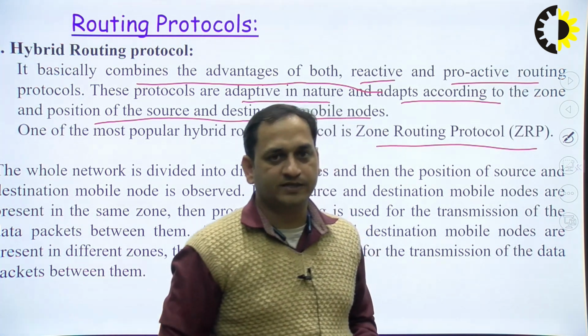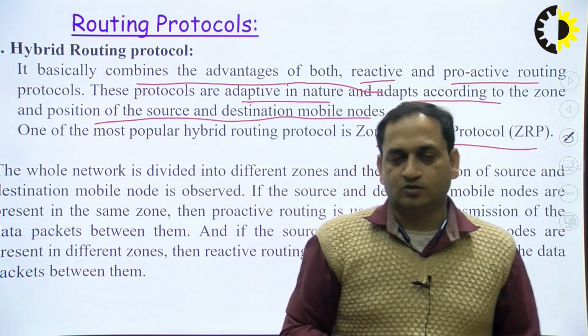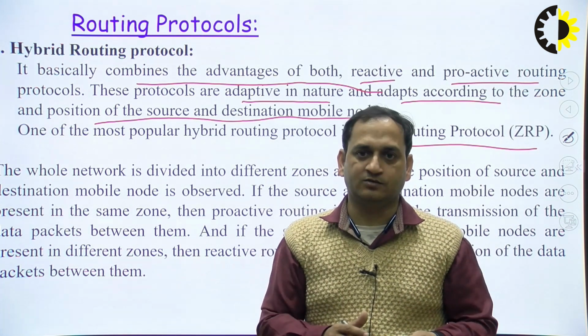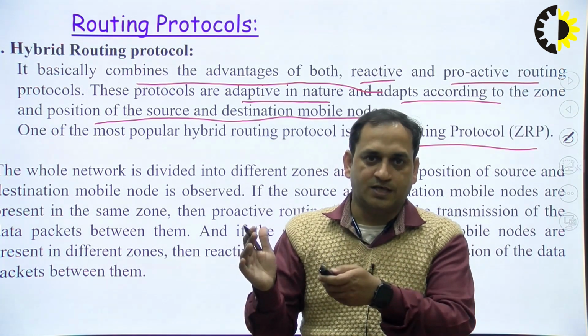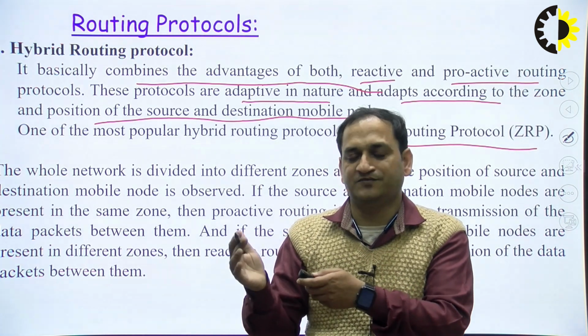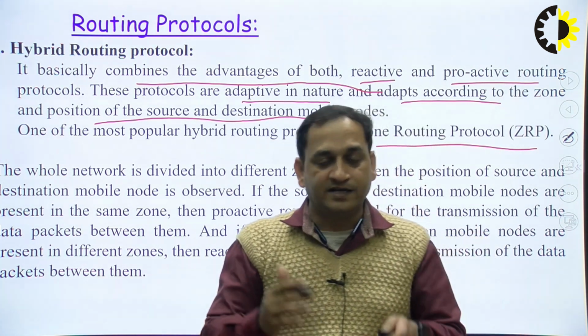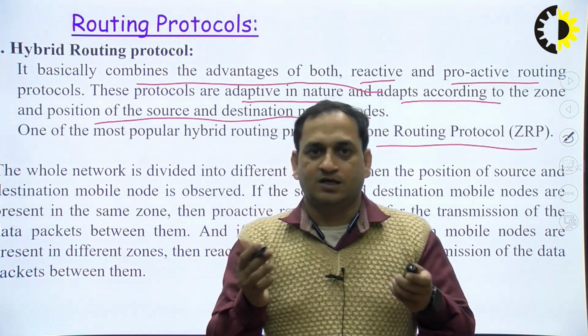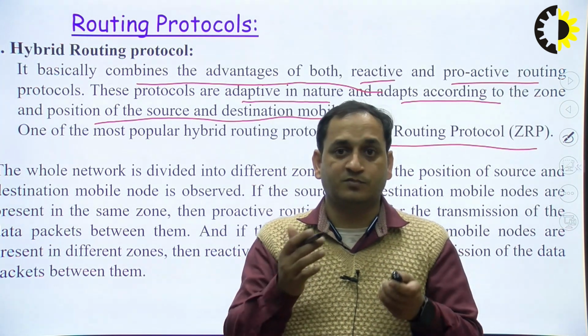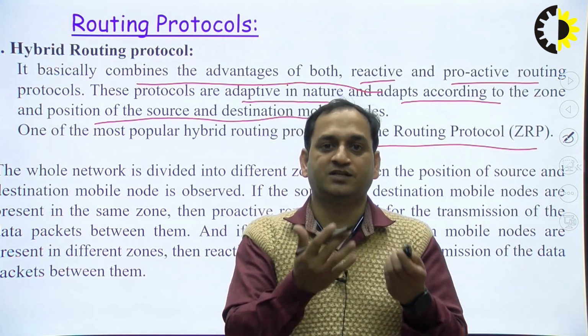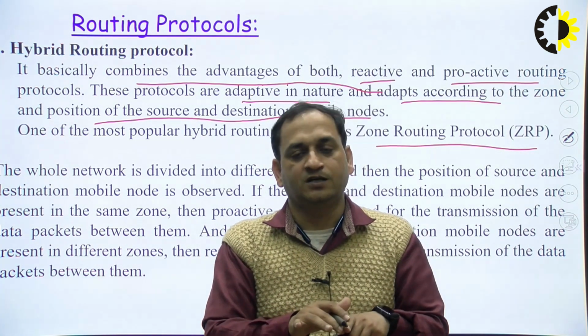In the zone routing protocol, the complete network is divided into different zones, and different zones have different numbers of nodes, which can change due to the mobility of the nodes. The number of nodes can increase or decrease in the given network.